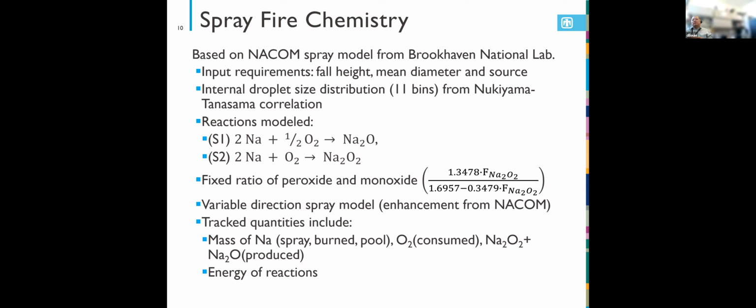And then the quantity tracking is shown here. We're tracking the mass of the spray, the burned, and anything unreacted that falls down into the pool to have pool fire interaction there, and then tracking the amount of oxygen consumed and the sodium byproduct. Of course, the energy of the reaction, because it's an exothermic reaction that adds to the problem.